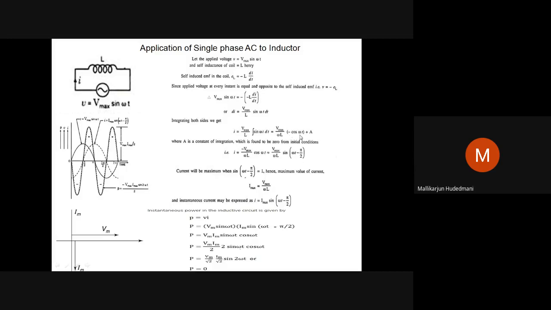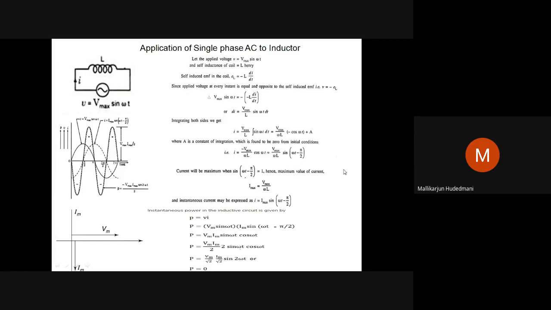Suppose this was plus cos omega t, then I would have written it as sine omega t plus pi by 2. So the minus cos omega t vector will have 90-degree lagging with respect to sine omega t. Minus cos omega t will have minus, plus cos omega t will have plus pi by 2.